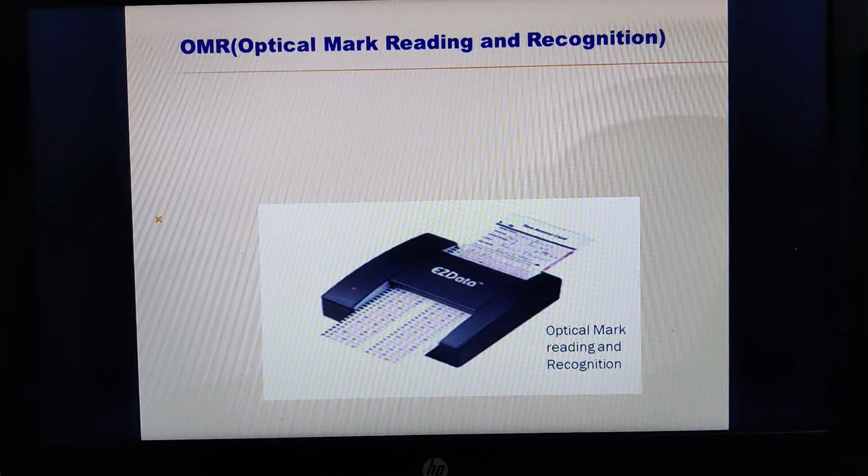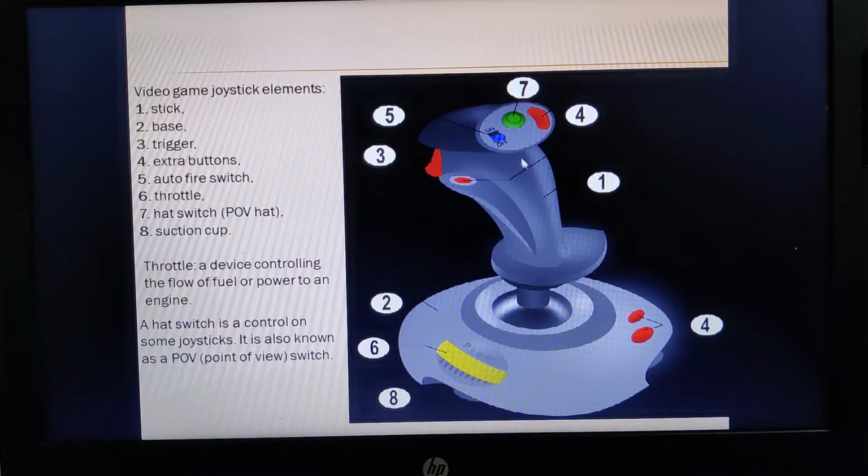Next we discussed another input device, that is the joystick. A joystick consists of a stick that pivots on a base that provides its angle or direction to the device it is controlling.